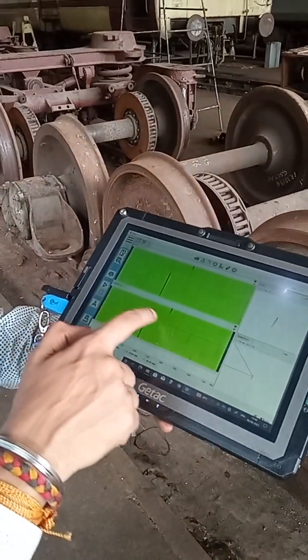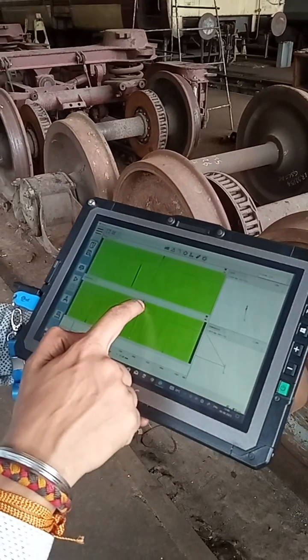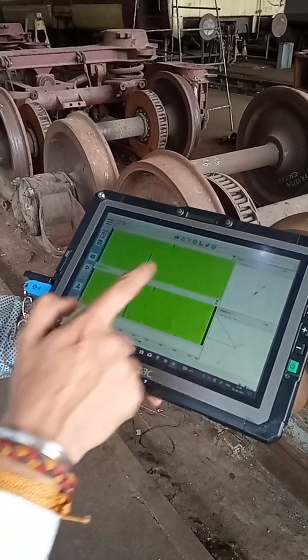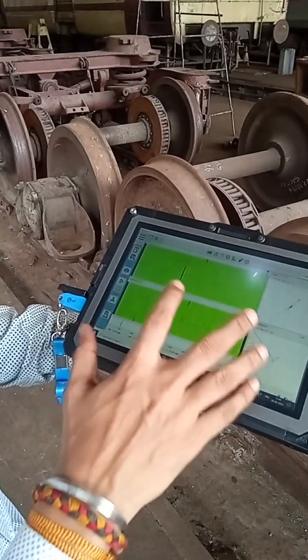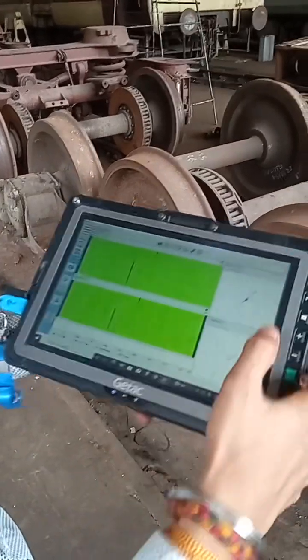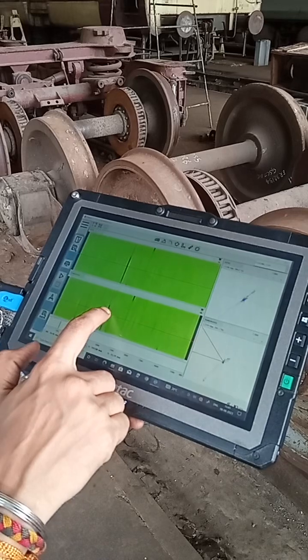We have to check whether there is any calibrated phase angle or not. Right now there is no such defect, as you can see from the graph, and from the C-scan itself there is no defect and there is no calibrated phase angle of 40 and 60 degrees. As you can see, I am analyzing this point.